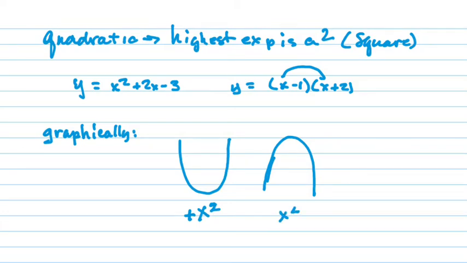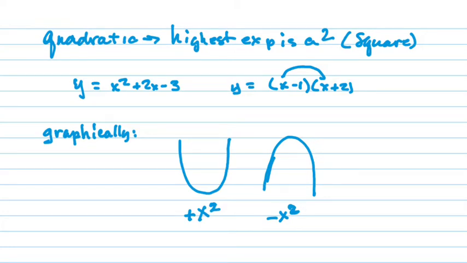If your x squared is a negative, it's going to open downward. Remember that? Okay? All right. So those are the basic ideas on how to recognize quadratics. Now, of course, they're going to give you other clues too. They're going to talk about quadratic equation, etc. We'll look at some problems going through these and work them all the way through.